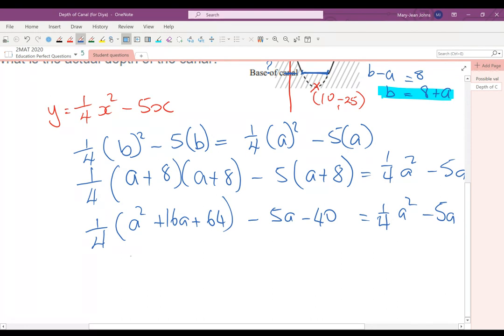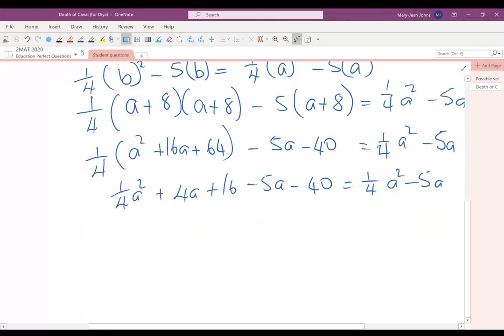Let's expand out this quarter, giving me 1 quarter A squared plus a quarter of 16, which is 4A, and a quarter of 64 is 16. So plus 16 minus 5A minus 40 equals a quarter A squared minus 5A.